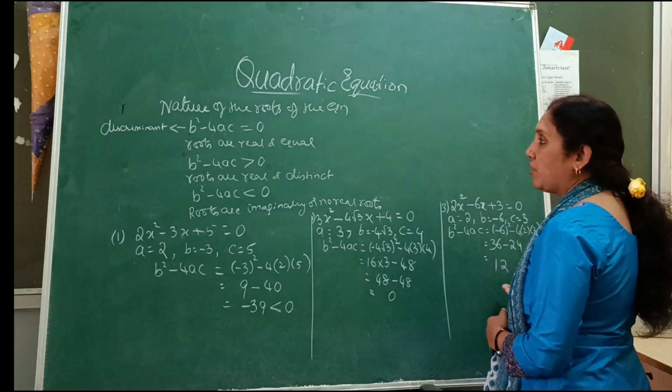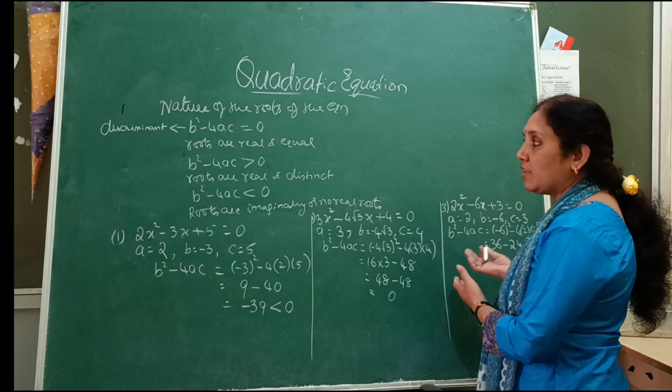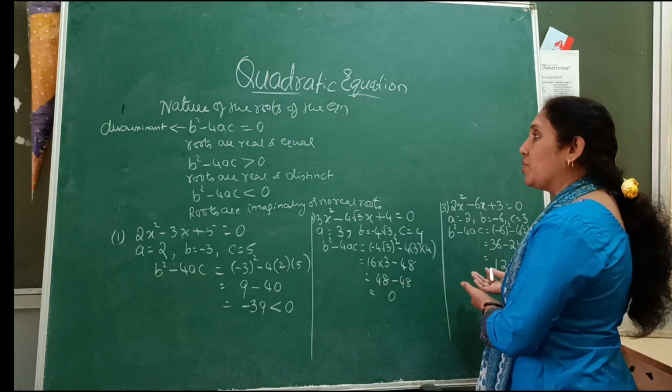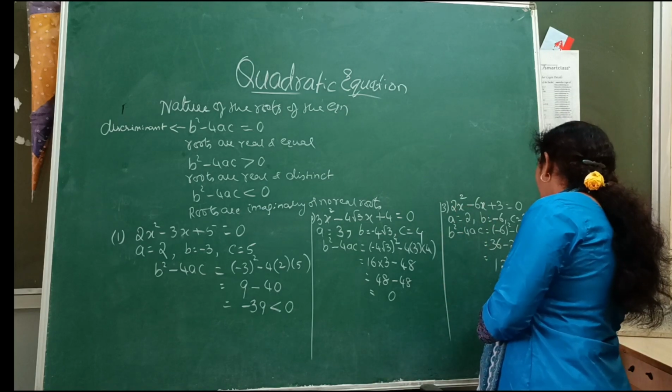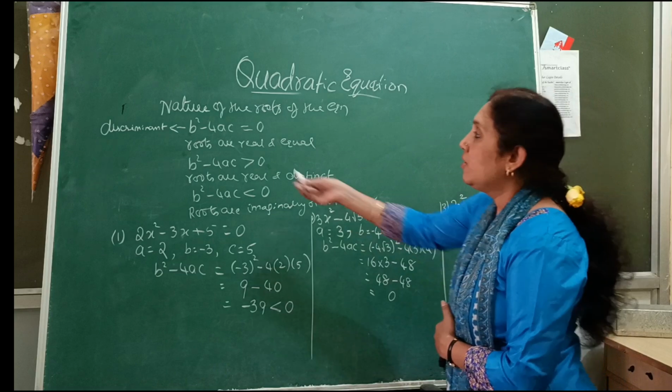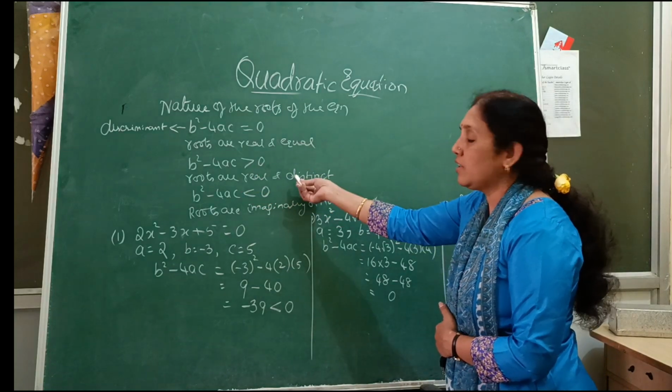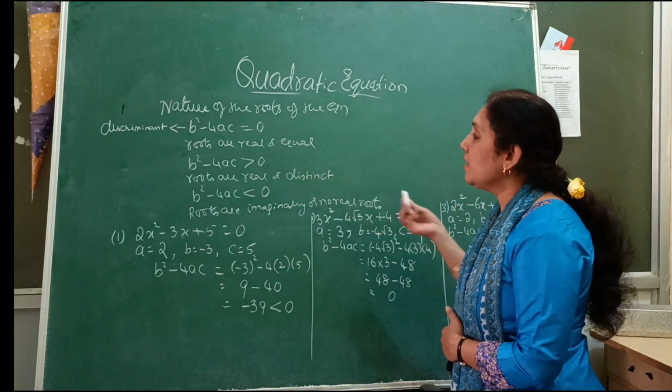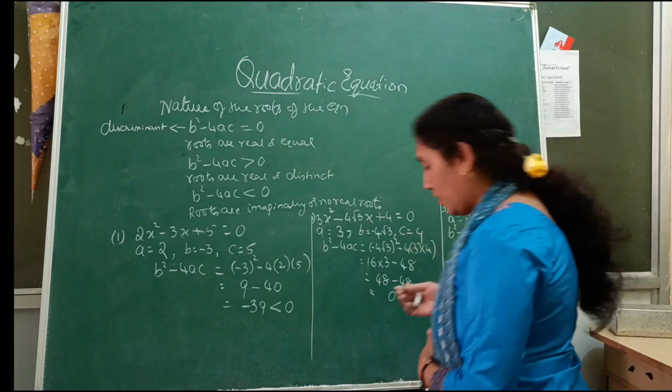You got the answer as plus 12. Plus 12 means it is greater than 0 or less than 0? Plus means always it is greater than 0. So if b square minus 4ac is greater than 0, then the roots are real and distinct.